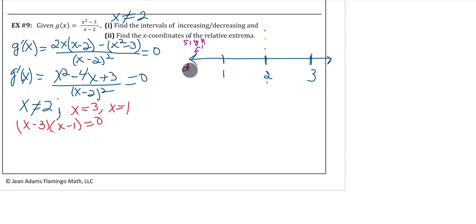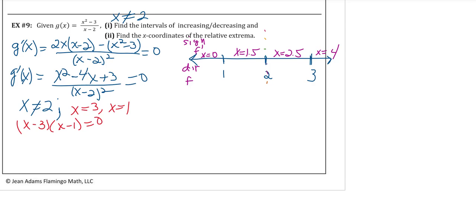Here's my direction of g. So I'm going to use x equals 0, x equals 1.5, x equals 2.5, and x equals 4. Just to see if there's any change, if the graph jumps, is why we need those other points in there.